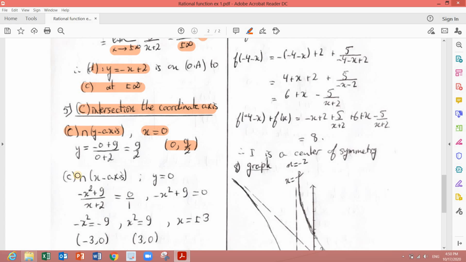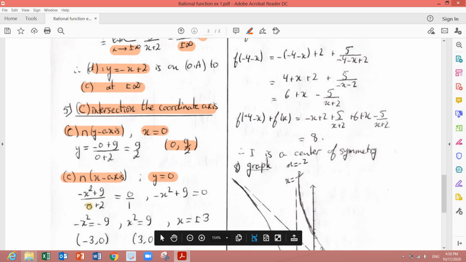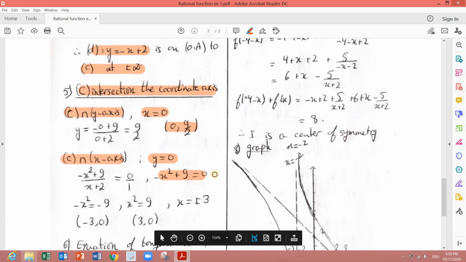In the same way, C intersection x-axis. To find the intersection with the x-axis, every point on the x-axis, y should be 0. So y is 0, then minus x squared plus 9 over x plus 2 equals 0. Cross multiplication, we get minus x squared plus 9 equal to 0.